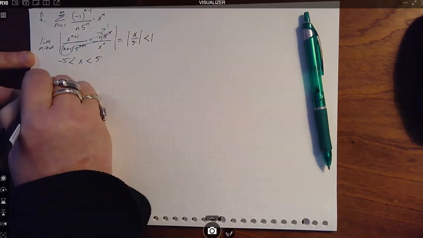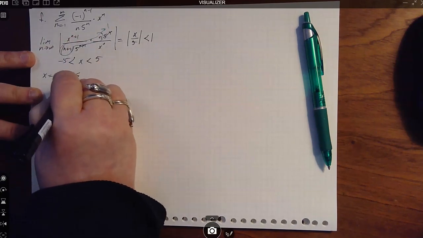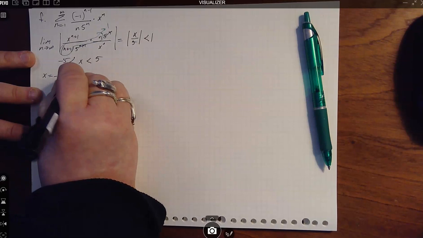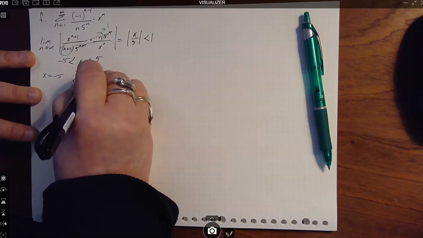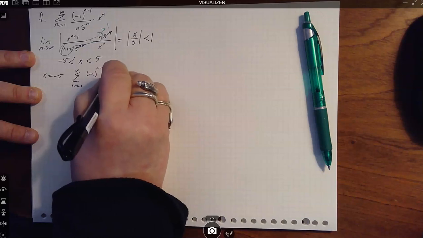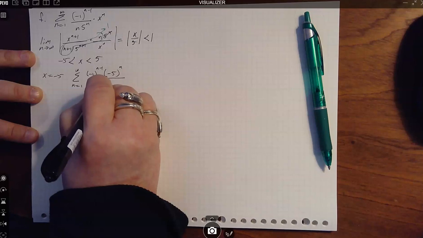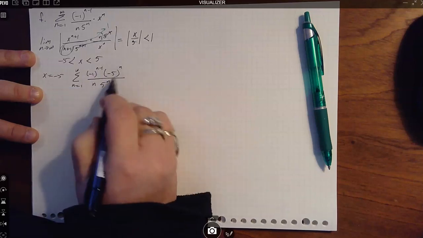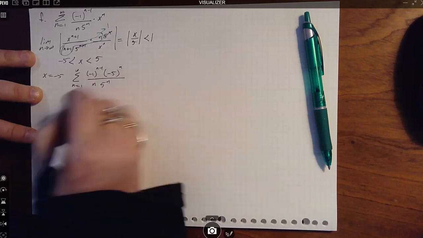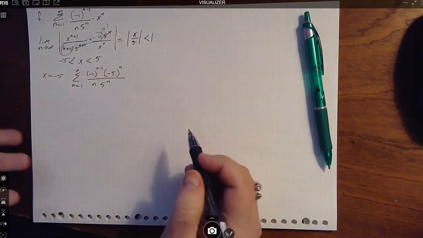If I plug in -5, I'll have the summation of (-1) to the n minus 1, times (-5) to the n, all over n times 5 to the n. Now what's happening here? These are still going to cancel. Even though one's n minus 1 and one's n, the difference is I'm going to have a -1 on top.